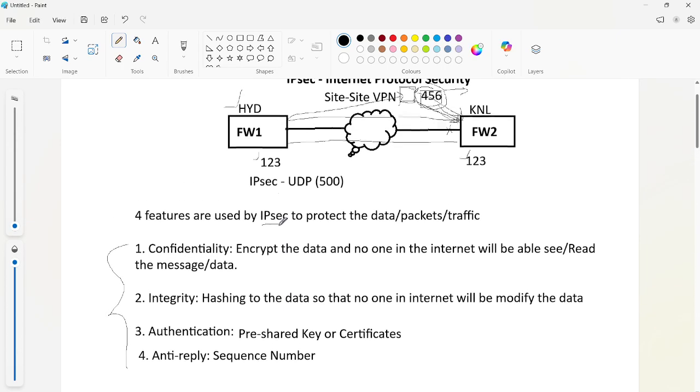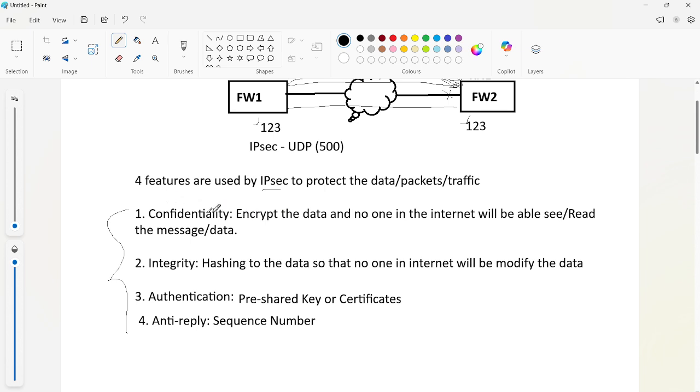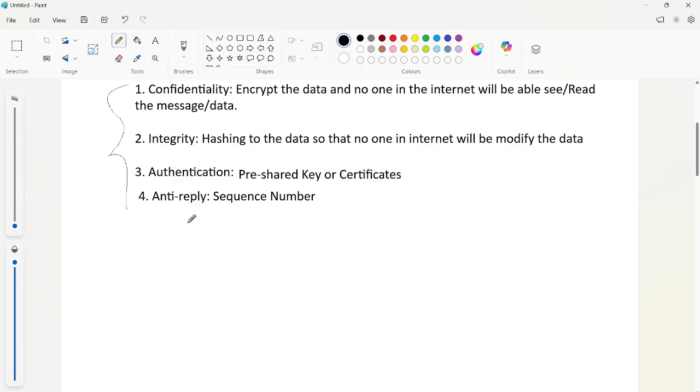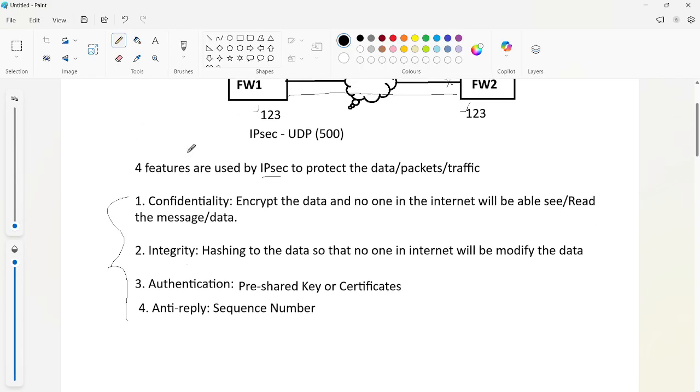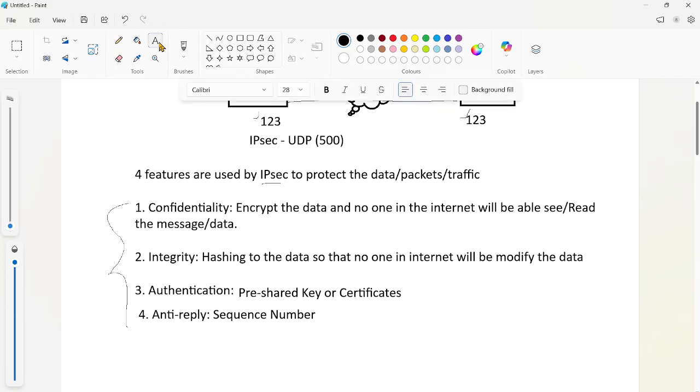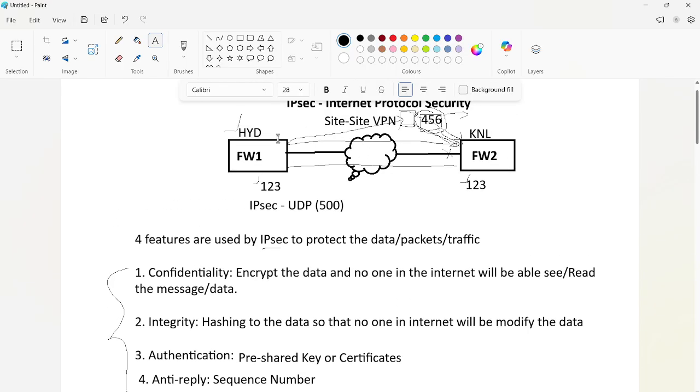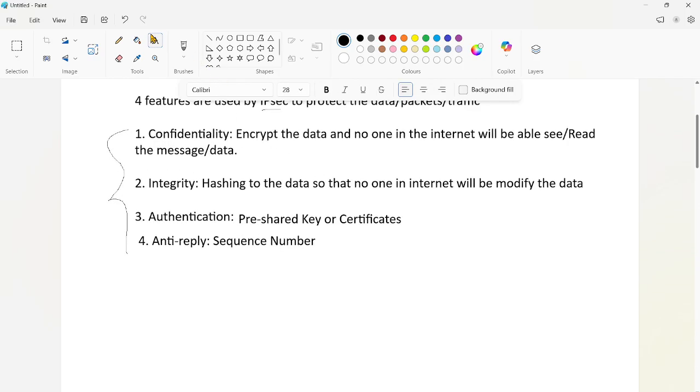So after these features, we'll discuss them in phase 1 and phase 2 as well. In IPsec we will have two phases. This IPsec is going to be built between your firewalls in two phases. First, phase 1, which is used to build the phase 1 tunnel.